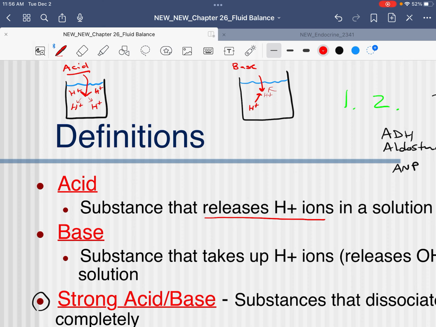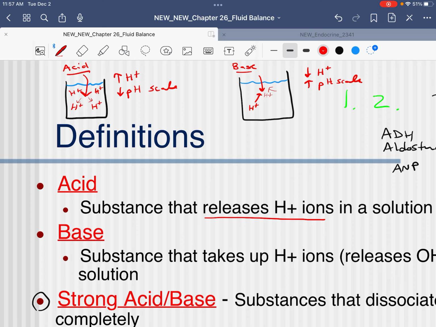As a result, an acidic solution has a lot of hydrogen ions and is low on the pH scale. Whereas a base, because it picks up hydrogen, the resulting solution has a low amount of hydrogen ions, but is represented on the high end of the pH scale. That's a review from what we did in person.